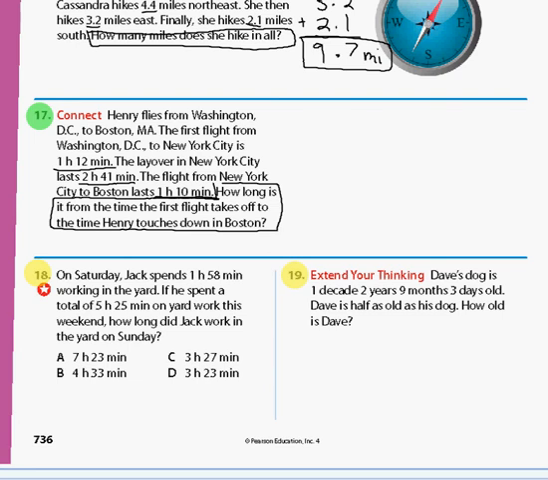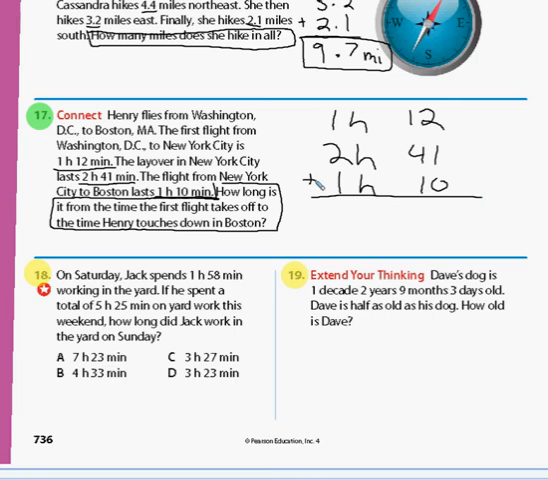Okay, so I have 1 hour and 12 minutes is my first flight. My layover is 2 hours and 41 minutes. And my last flight is 1 hour and 10 minutes. Okay, just a big addition problem.